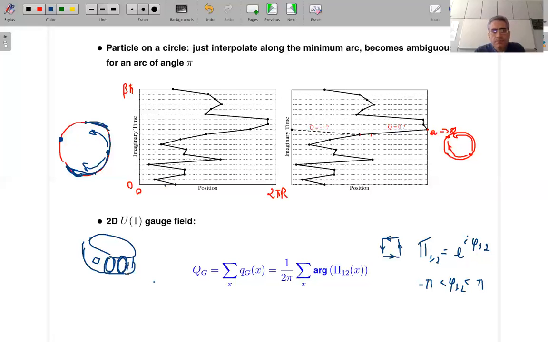Now the point is, if you take two of these lines, for instance this line and this other line, and you consider the two lines going in opposite directions for a U(1) field, you are effectively considering the flux going through the corresponding surface of the torus.